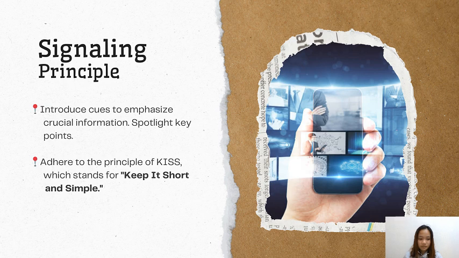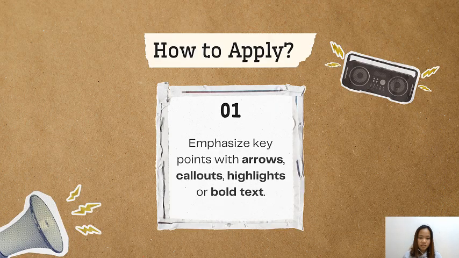For example, here it says adhere to the principle of KISS, which stands for keep it short and simple. So how do we apply this third principle? It says here, emphasize key points with arrows, callouts, highlights, or bold text.